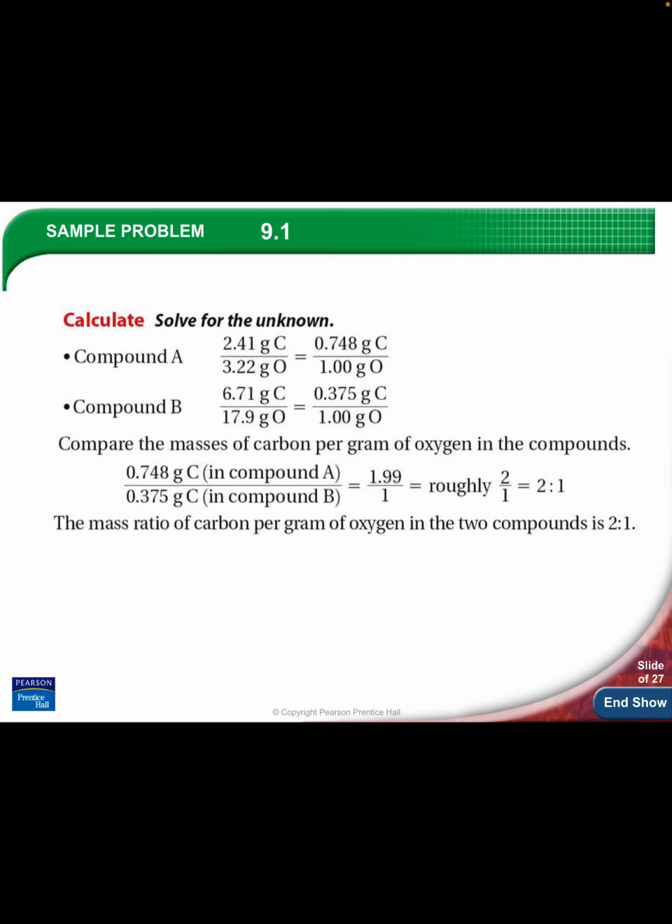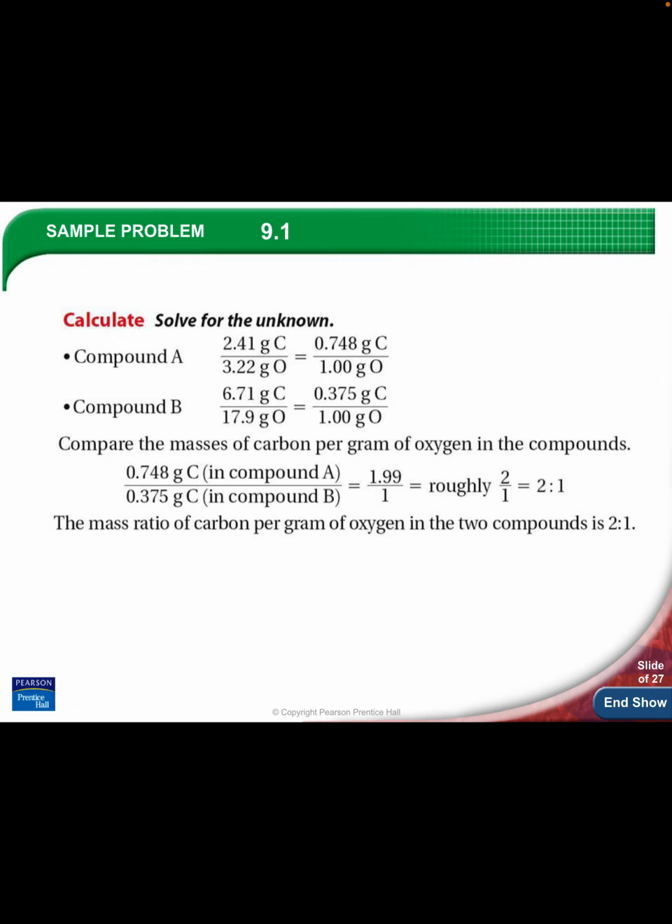And if I do the same thing, the second compound has 6.7 grams of carbon per 17.9 grams of oxygen. And if I were to find out how many grams of carbon in this compound per 1 gram of oxygen, I would set that X over 1 gram of oxygen, cross multiply, solve for X, and I would get 0.357 grams of carbon.